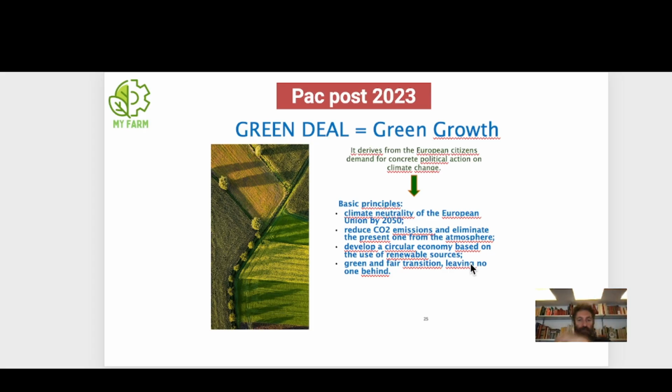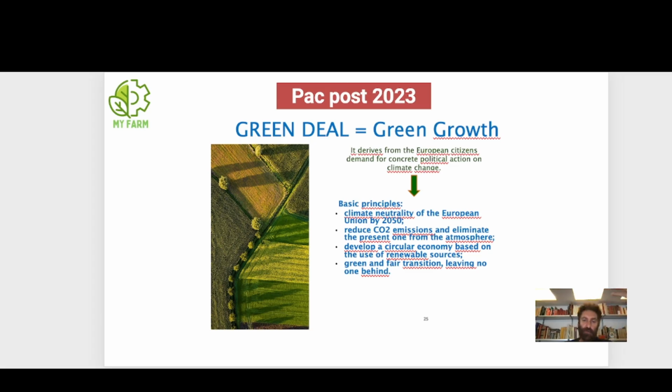The key alignment mechanism could be identified in a new green architecture that integrates environmental and climate objectives into everyday farming practice and funding rules, in a way that enhances conditionality by introducing a new mandatory component for member states, the eco-schemes, which must dedicate at least 25% of their direct payment budget to these voluntary schemes.